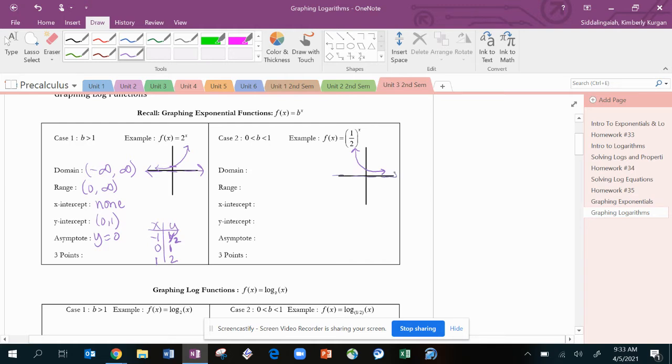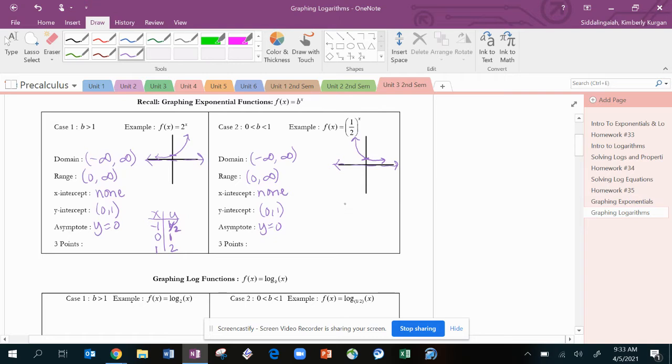It still has an asymptote at y equals 0. Domain is still all real numbers. Range is the same, 0 to infinity, where 0 is not included. X-intercept is none, and y-intercept is 0, 1.